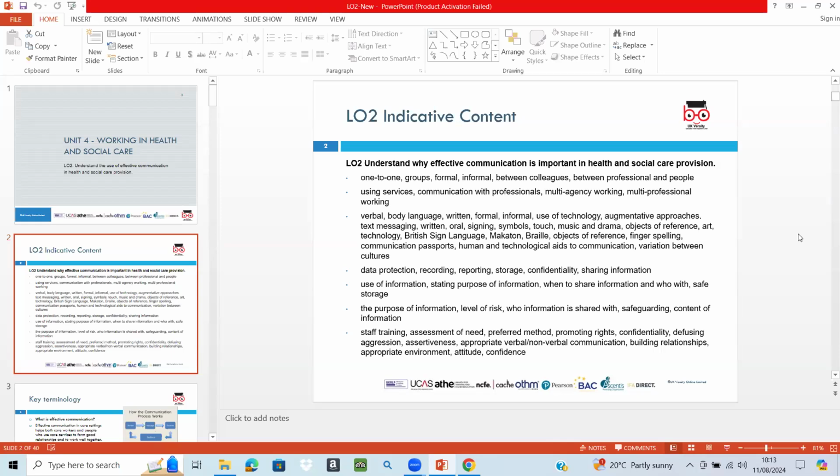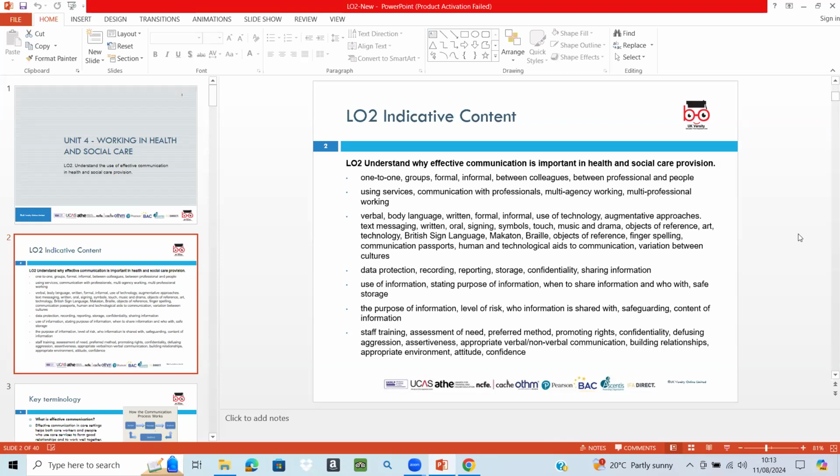It is about protecting the service user's privacy and ensuring that their information is only shared with those who need to know. For example, discussing a service user's medical history in a public area where others might overhear would be a breach of confidentiality. We will learn how to handle sensitive information properly to maintain trust and comply with legal requirements.